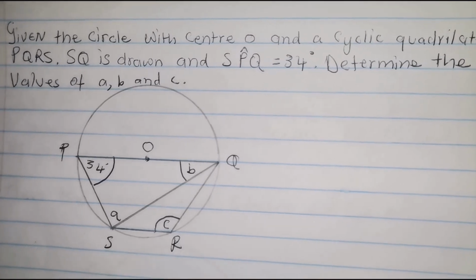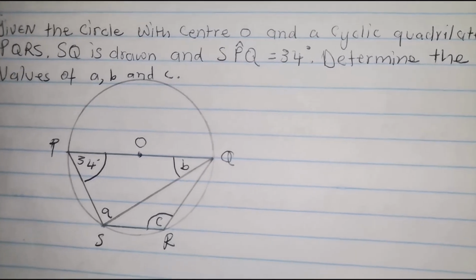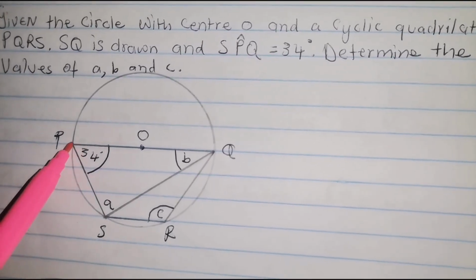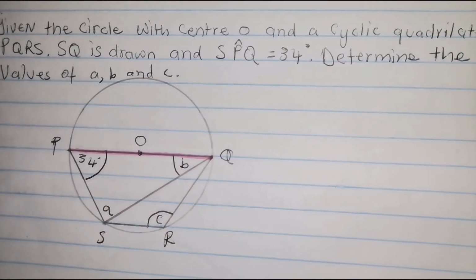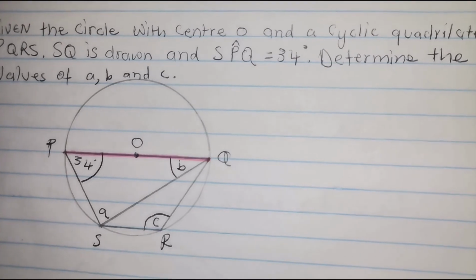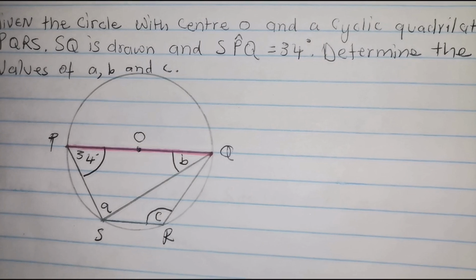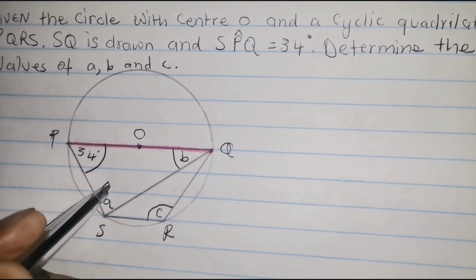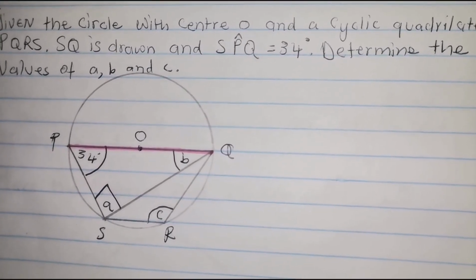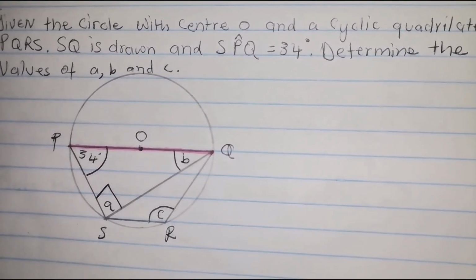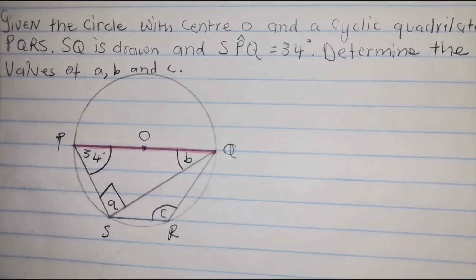So remember, we have a diameter here, guys. PQ is our diameter because of what? If you have a diameter PQ, this means that this angle is going to be equal to 90 degrees. Angle in a semicircle. I hope you still remember the previous theorem number 5, if I'm not mistaken, that talks about angles in a semicircle.